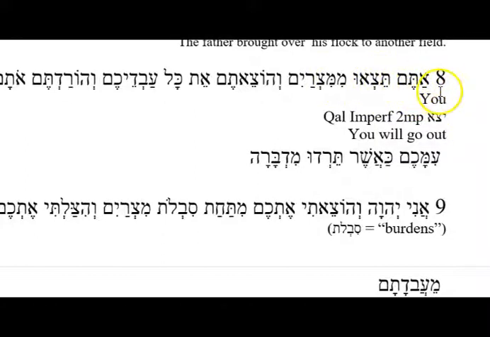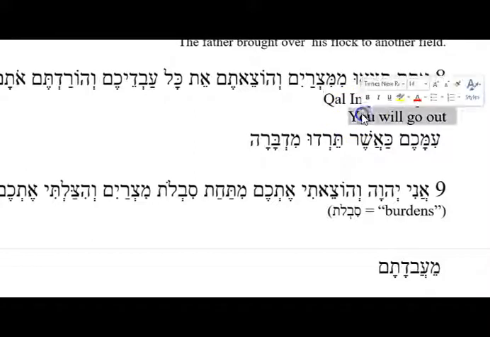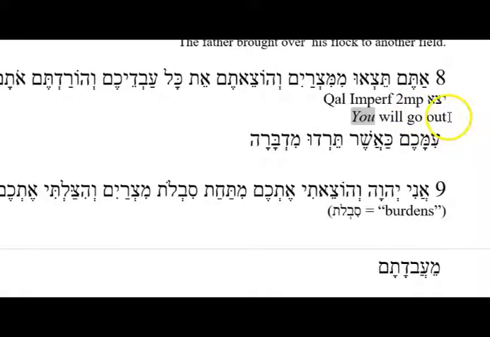So this is an independent pronoun. We have you will go out, and that makes this emphatic. So I'm going to take this and just use it to emphasize the subject of this verb. You will go out from Egypt, mimitzrayim.